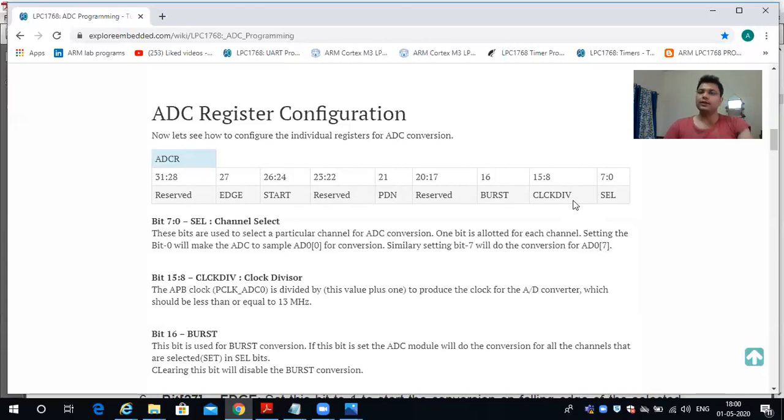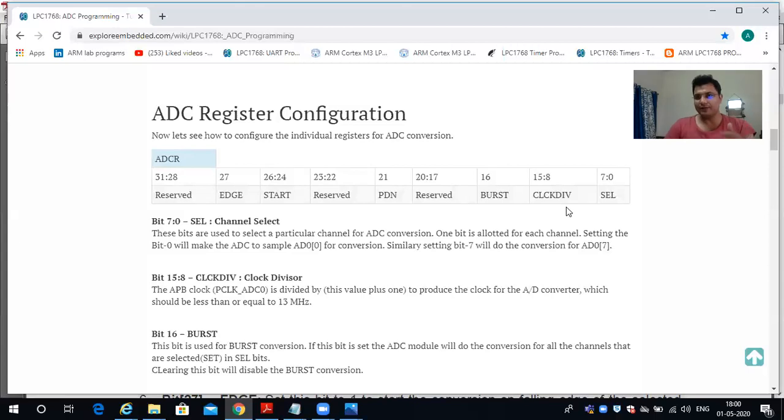So already using PCLK select register 0 we have selected it. Now we want to further divide it. For further division, we have written here a value from 8 to 15, the value is 1. Then 1 plus 1 is 2.